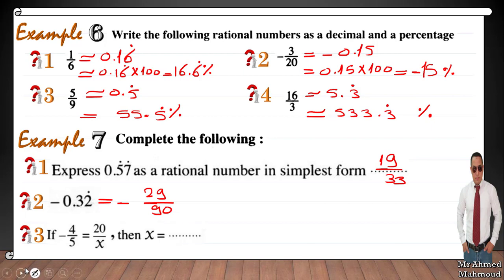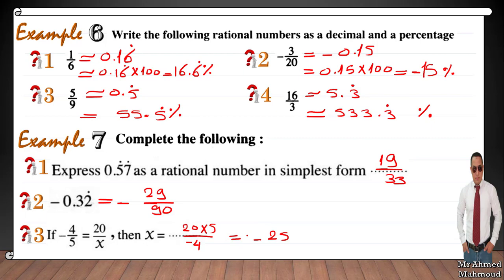And number 3, if negative 4 over 5 equals 20 over x, so x equals 20 times 5 over negative 4. This one equals negative 25.